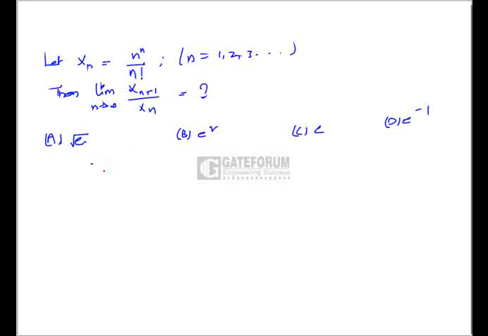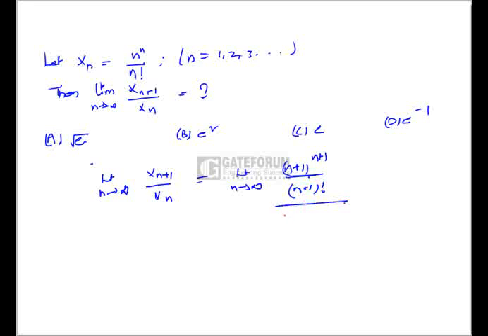So we can write limit n tends to infinity xn plus 1 by xn as limit n tends to infinity, xn plus 1 is nothing but (n plus 1) whole power n plus 1 by (n plus 1) factorial, divided by xn. xn is nothing but n power n by n factorial.